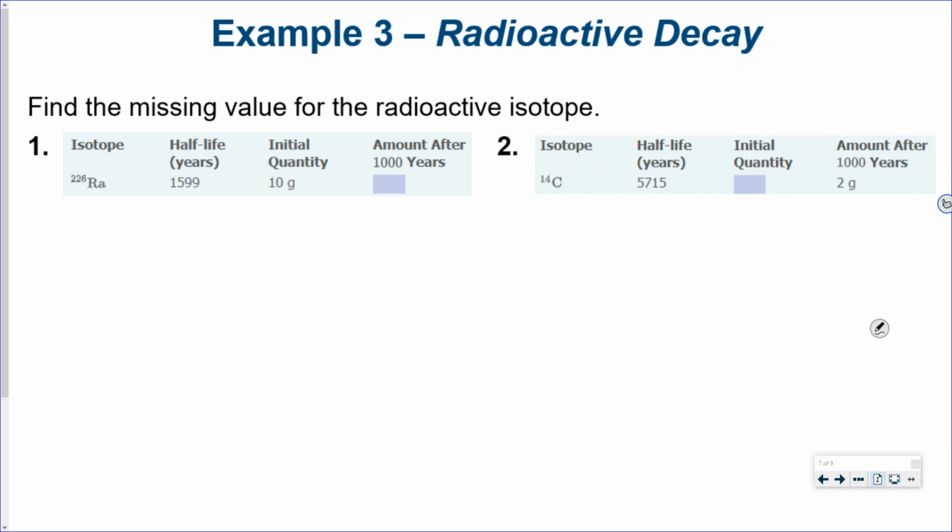Let's start with our model and then piece in what we know. So here's that exponential model that would work for both growth and decay. We know our initial quantity is 10 grams. You guys remember what letter that is? A. Good. So our initial amount is A, is 10.